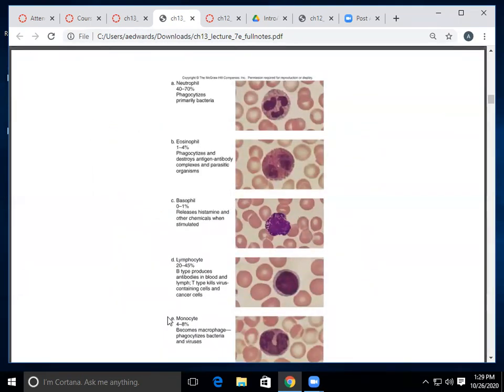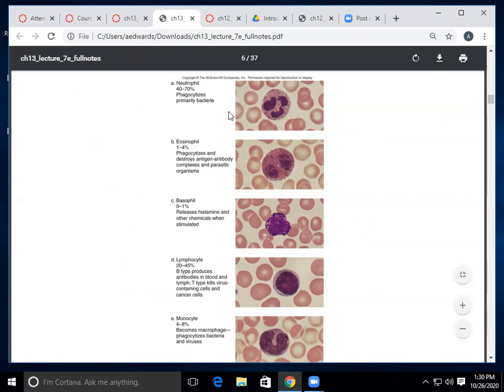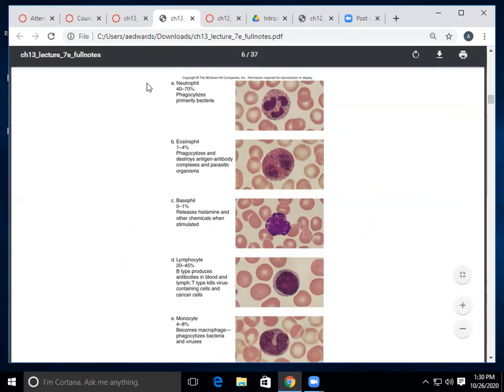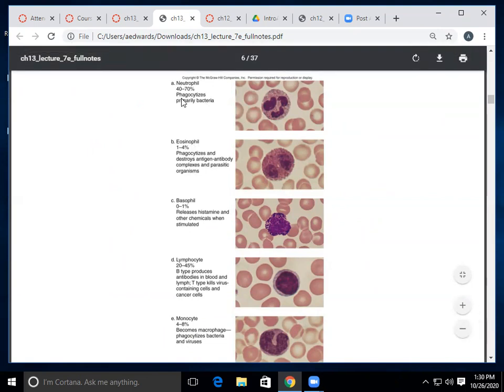So what are your different kinds of immune system cells? Here are your neutrophils. They are the overwhelming majority, 40 to 70% of your lymphatic blood cells.